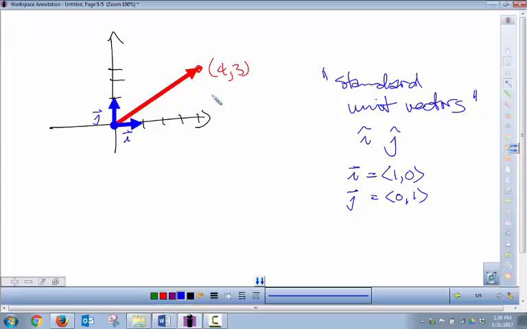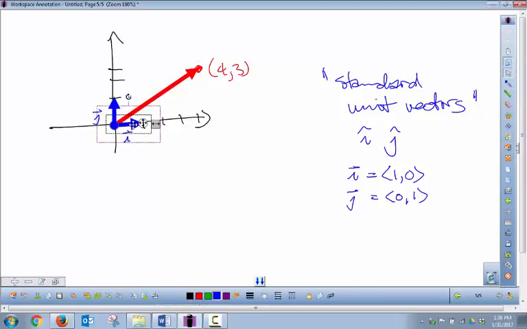So if we can represent the vector 4, 3 as a linear combination of these standard unit vectors, that's our fancy linear algebra talk. If we can write it as a linear combination of this, then we can write any vector as a linear combination of i's and j's.